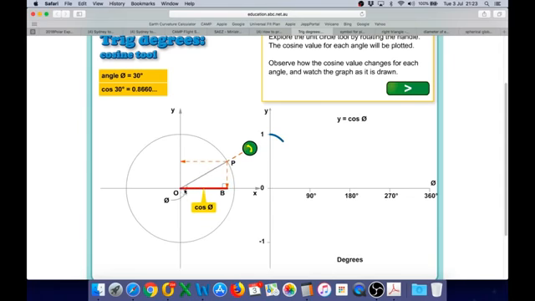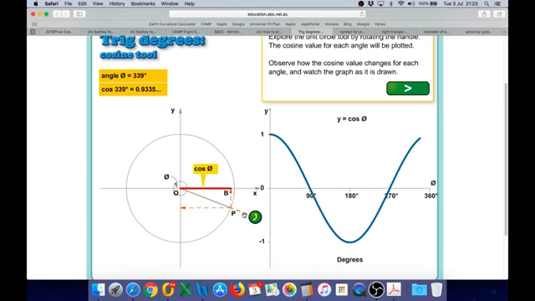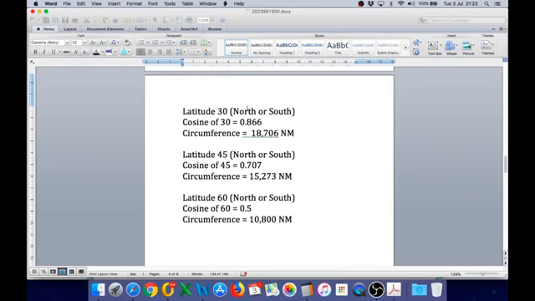look at the length of this line, OB. If we angle down south latitude by 30 degrees, it's going to be the same distance. So it doesn't matter if the latitude is north or south, the circumference of the latitude is going to be the same. If we look at 45 south latitude or north latitude, the cosine of 45, 0.707, circumference 15,273 nautical miles.